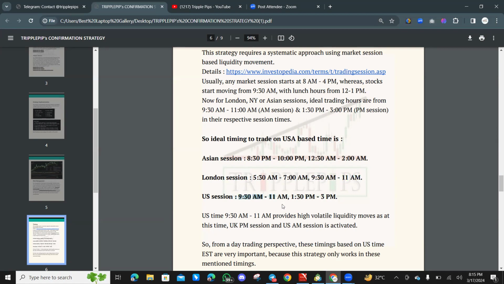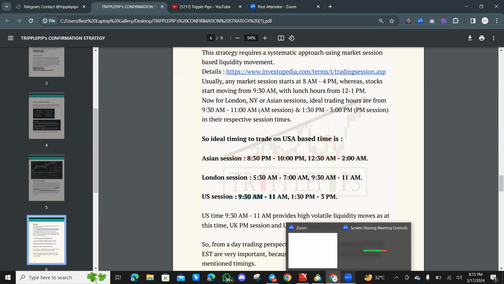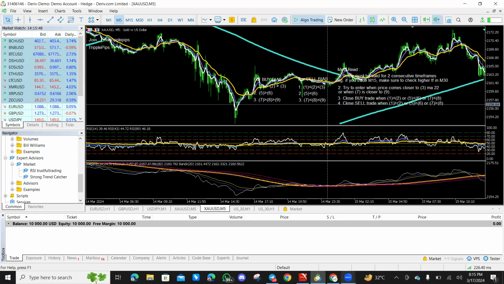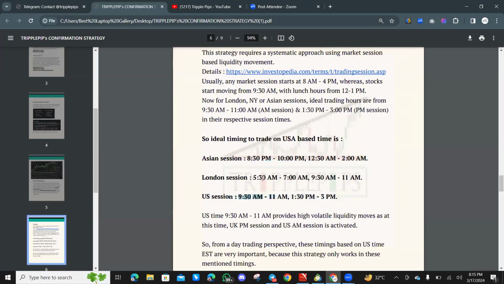So at this particular time, I hope you can get a setup over here, or you can utilize the UK AM session too. And in most cases, you can find this setup on these timings, these timings, and these timings.